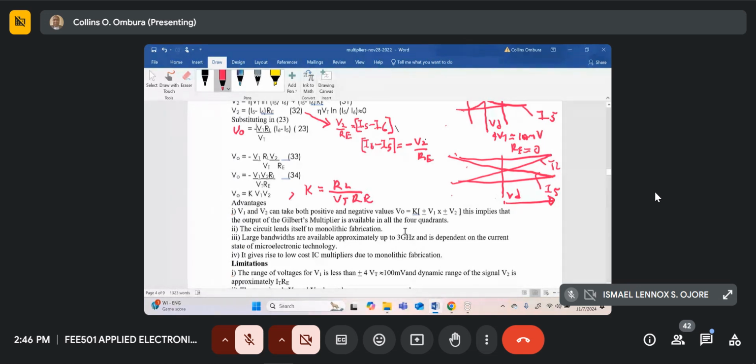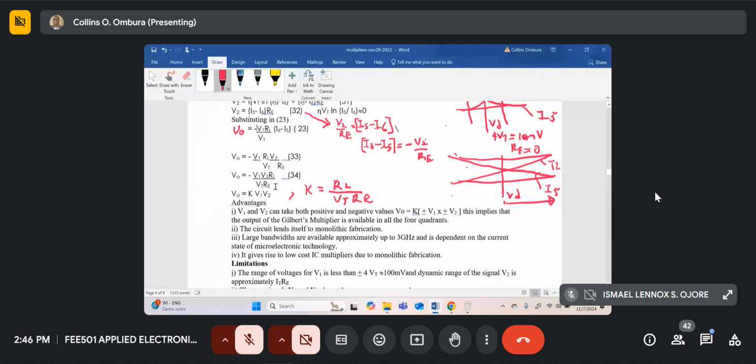So we've shown both case 1 and case 2 multiply. The only difference now is in the gain. In equation 34, the gain is decreased by a factor due to RE, the emitter degeneration resistance. So the gain will be smaller.